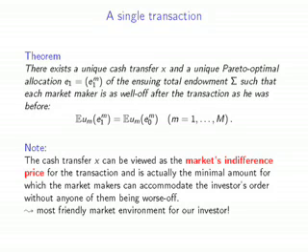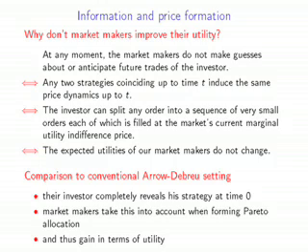So in a sense, if at all our investor can hope to have this transaction go through, and if he believes that indeed the market makers will not give away something for free, so that they are not willing to lose in terms of utility, then the cash transfer X we are talking about is the least amount of capital which has to change hands for this to go through at all. So this is the most friendly market environment for our investor, which also becomes clear from the following consideration.